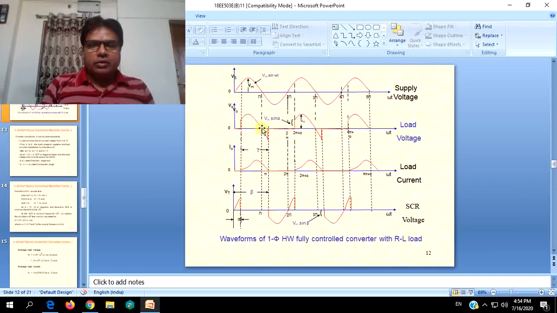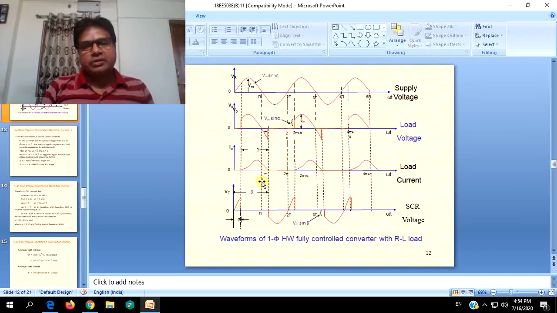At pi the load voltage becomes zero and gets reversed due to the source voltage and also the inductance. But at this point the current is still positive and not meager in magnitude. This current is high, more than the holding current, so the SCR will still be conducting.